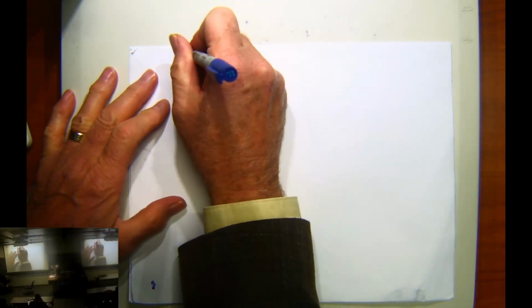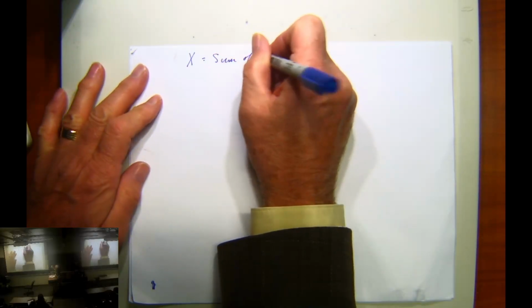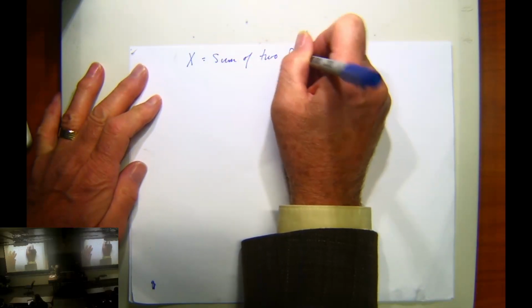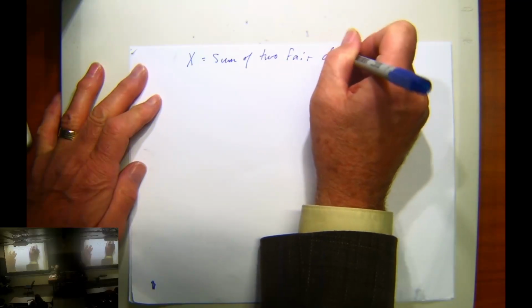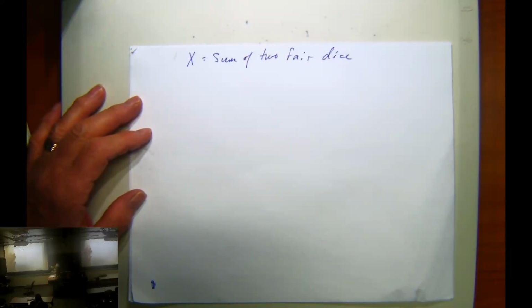Okay, so we're on a piece of paper. Capital X equals the sum of the two paired dice.